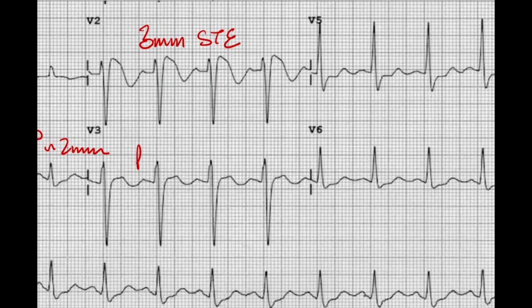We have P, R, S, 1 millimeter of ST elevation, so that makes 3 contiguous leads. Remember V3. Well, I guess we need to know the sex and the age for V2 and V3.